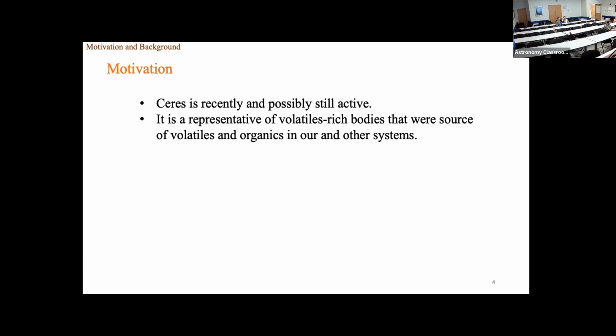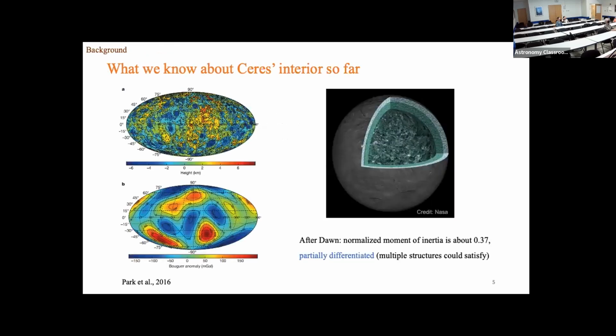And we have motivation on these two levels. First, Ceres itself is interesting because it's recently or possibly still alive. And the second level is Ceres is a representative of volatile-rich bodies in our inner solar system, and also a possibility in other systems. So the next question is, what do we know so far about the Ceres interior?